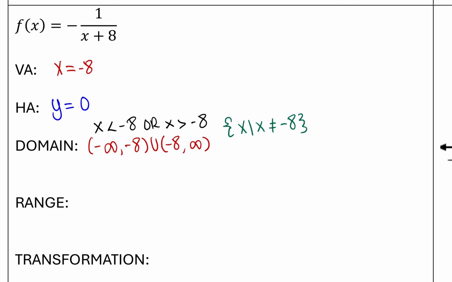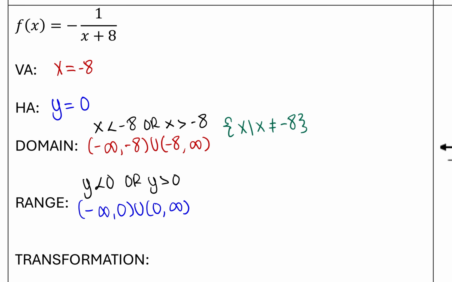For the range, we have the inequality notation, y is less than 0 or y is greater than 0. And we have the interval notation from negative infinity to 0, not including it, union from 0 to positive infinity. We have the set notation, which is going to be the set of all y values in which y cannot be equal to 0.